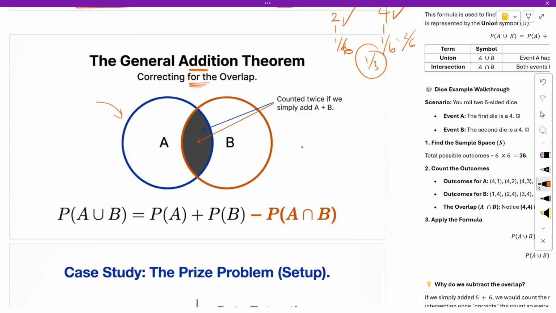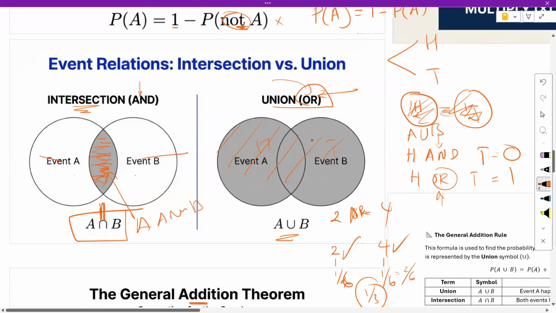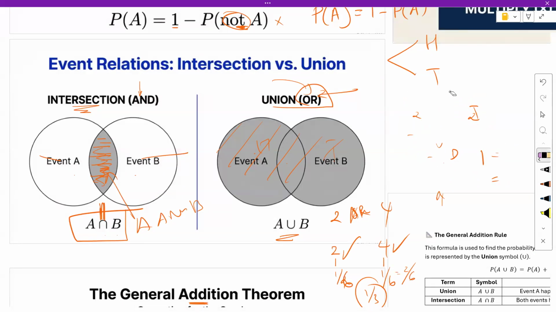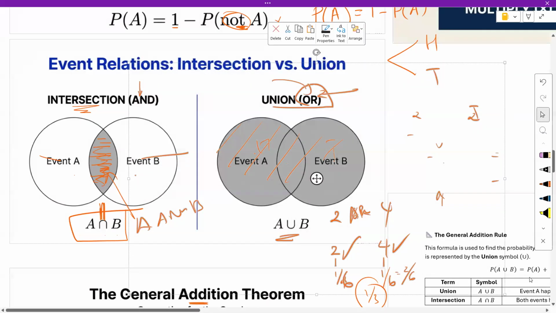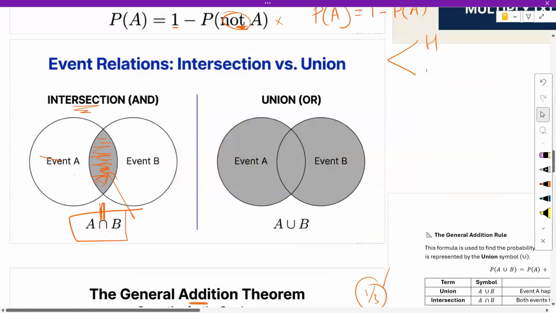Mutually exclusive means that when we toss a coin, the probability of getting A and B equals 0. When we draw this, we draw it like this: head, tail.